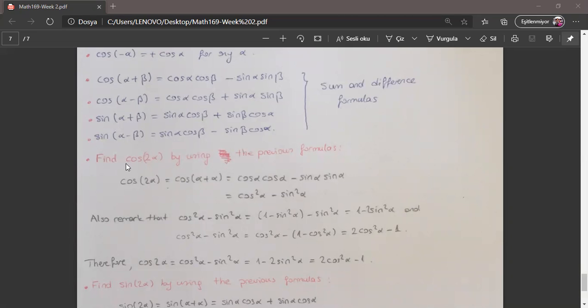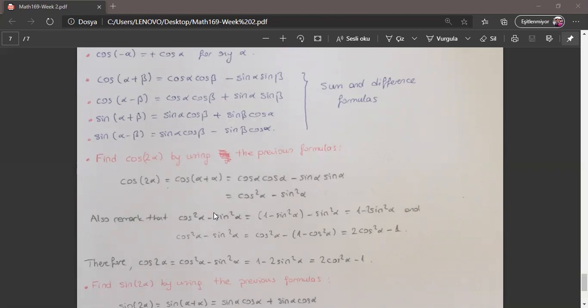Sorry. So how do you find this cosinus 2 alpha? You know already cosinus alpha plus beta by this formula. So here we have cosinus alpha plus alpha. It can be written in this form by this formula. So we get cosinus squared minus sinus squared.